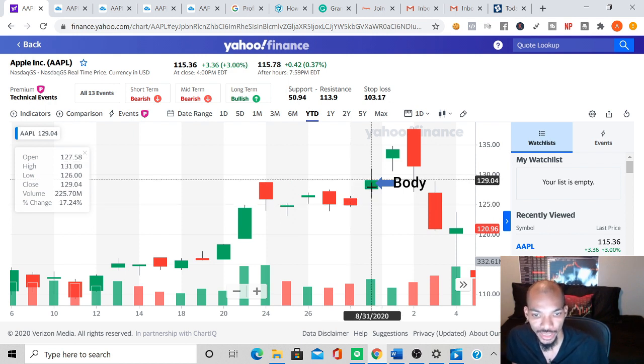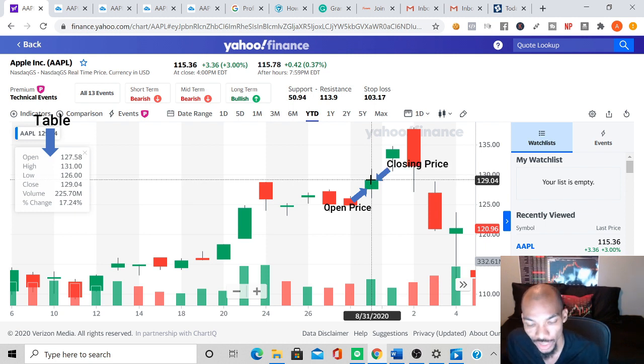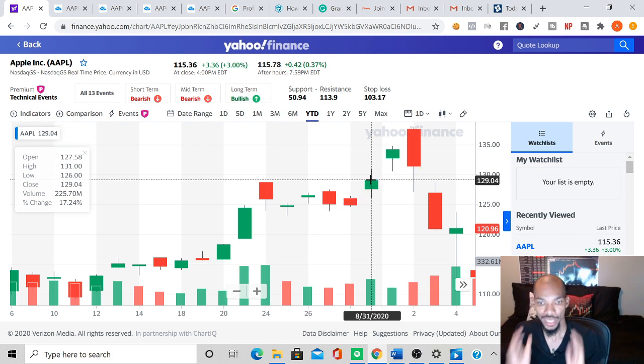So since it's green and the stock price goes up, the bottom right here, the opening, you can check over here to get the exact numbers, is 127.58, and then the closing, which would be the top of the body, is $129.04.